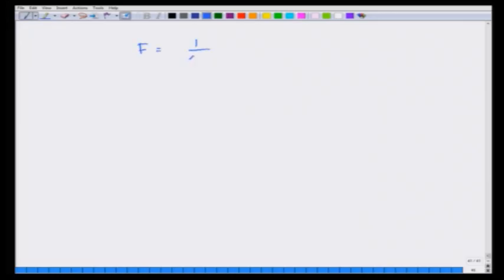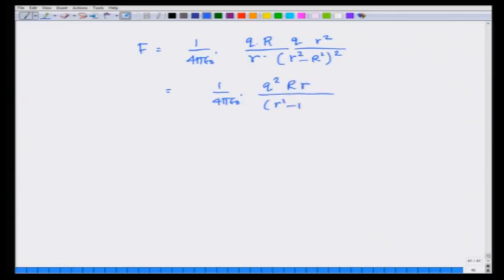1 over 4 pi epsilon 0 times q prime, which is q R over r, times q over the distance square, which is nothing but r square minus R square, whole square over r square, and r square will go on top. So, this force comes out to be 1 over 4 pi epsilon 0 q square R r over r square minus R square, whole square.